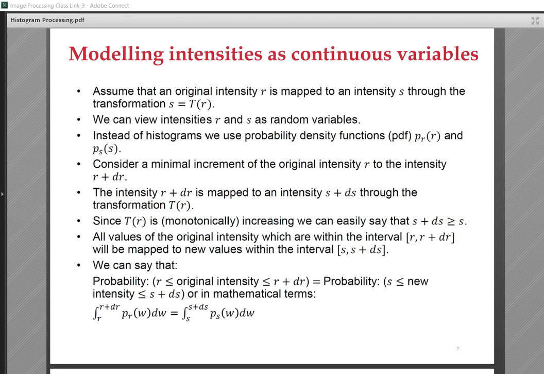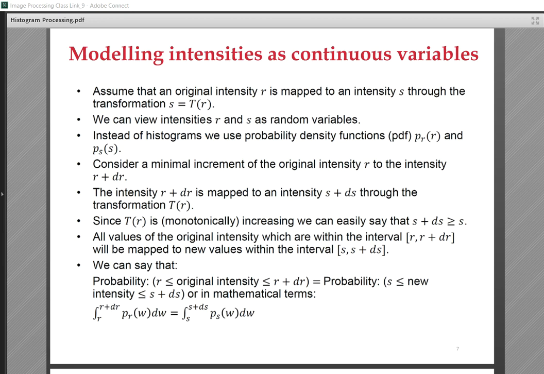Another topic: modeling intensities as continuous variables. Assume that an original intensity R from the original image is mapped to an intensity S, the resultant, through the transformation S equals T(R). We use T(R) to transfer from R to S. We can view intensities R and S as random variables.